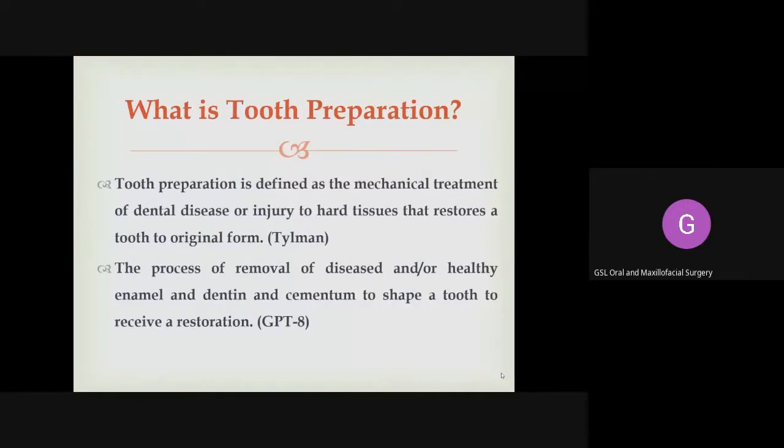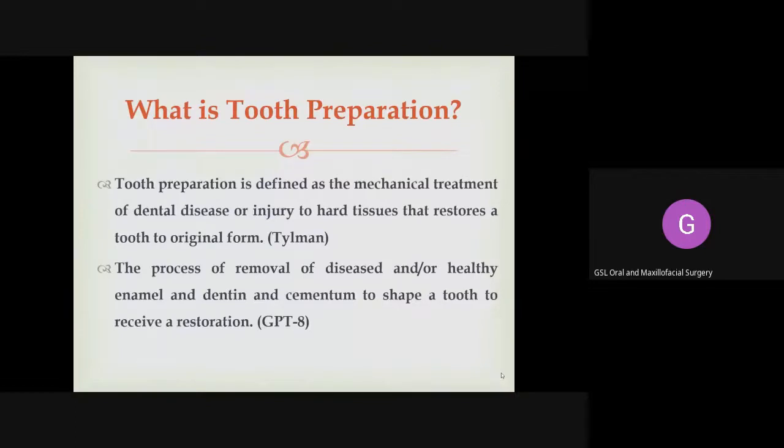Coming to what is tooth preparation? Tooth preparation is defined as the mechanical treatment of dental disease or injury to hard tissues that restores a tooth to its original form. This is according to Tylman. According to Glossary of Prosthodontic Terms 8, it is the process of removal of diseased and/or healthy enamel, dentin, and cementum to shape a tooth to receive a restoration.